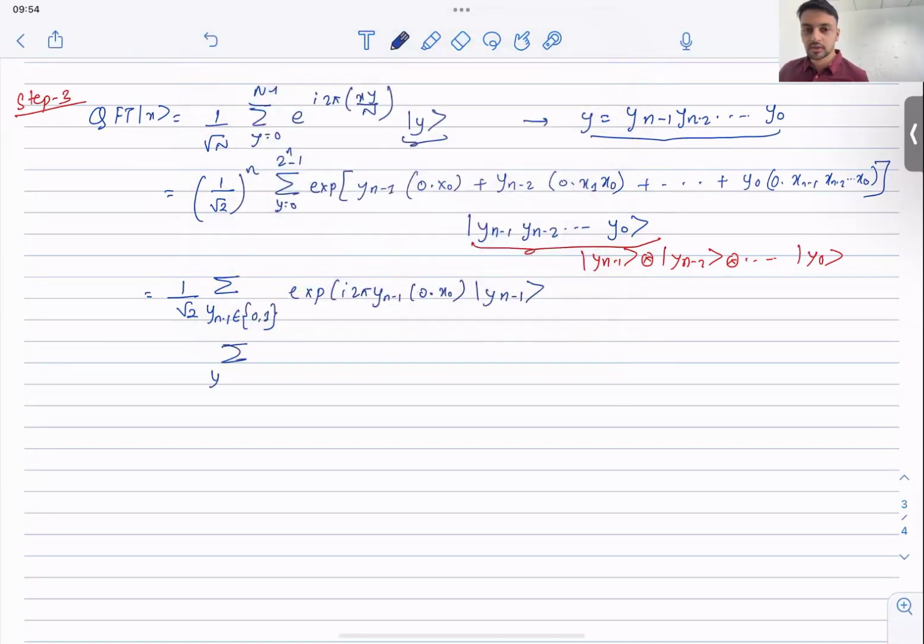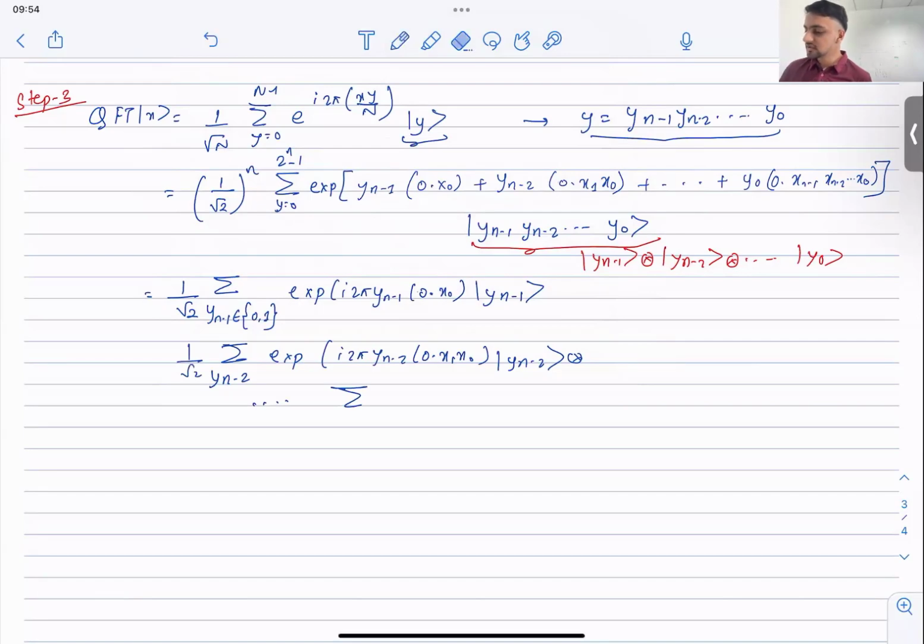Sum over yn minus 2, exponential of i 2 pi yn minus 2, 0.x1 x0, yn minus 2, all the way to the sum over, I also have 1 over square root of 2. So I'm distributing across all of the n terms because I have n terms here.